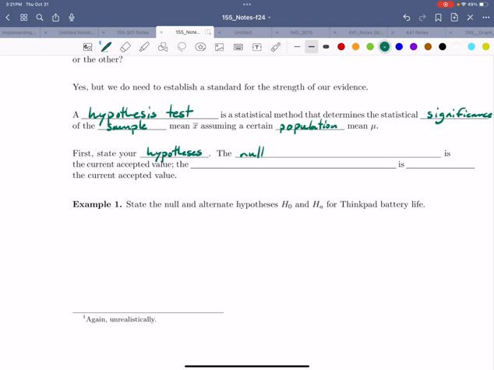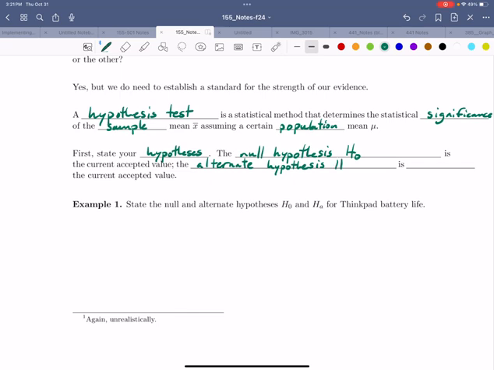The null hypothesis, which is known as H naught, is the current accepted value with whatever we're talking about. This is a general definition. The alternative hypothesis, or alternate hypothesis.